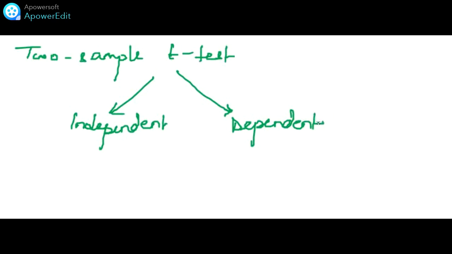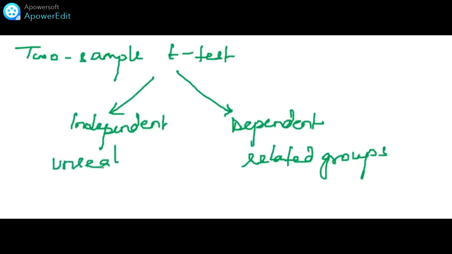When it is between related groups, it compares the sample means of the same variable between two related groups. When the groups are unrelated, then the sample mean for the same variable is compared between two unrelated groups.